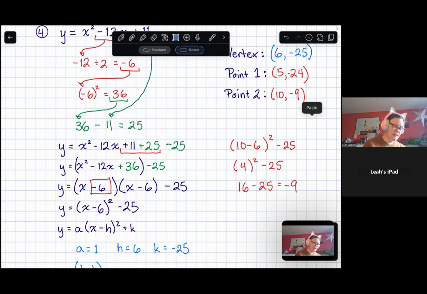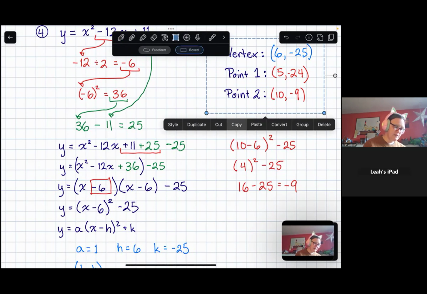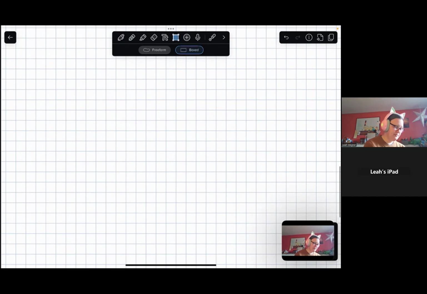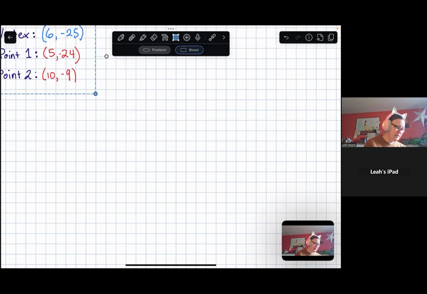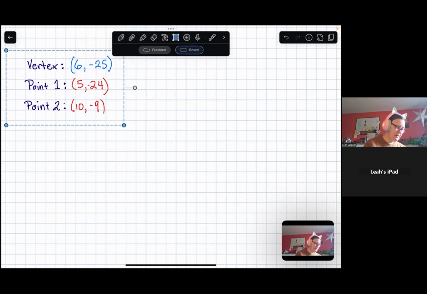All right, I'm going to copy these and bring them down to a new page so that we can graph this. It looks like I'm trying to fit the points 6 comma negative 25, 5 comma negative 24, and 10 comma negative 9 on my graph.